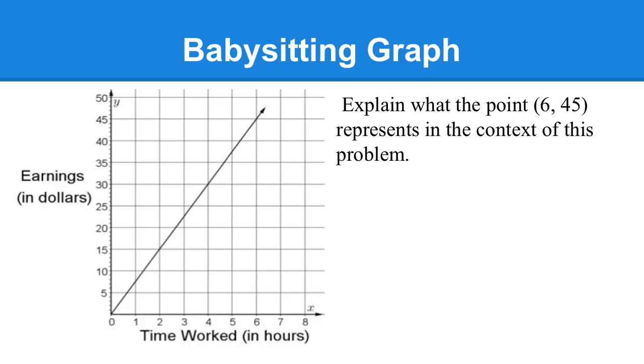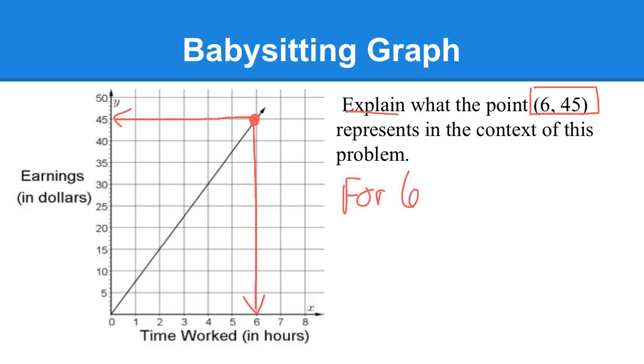So I have a new point that we're going to try to understand in the context of the problem. So 6, 45 means I go over to 6 and up to 45. That is this location right here. The 6 represents hours worked. The 45 represents money earned. So I will explain in words.